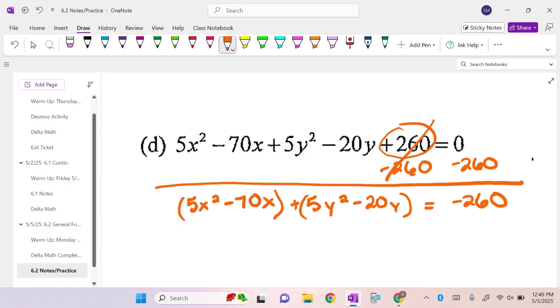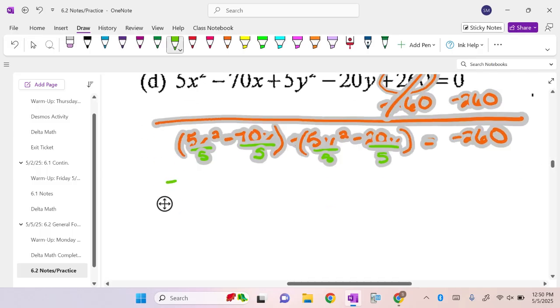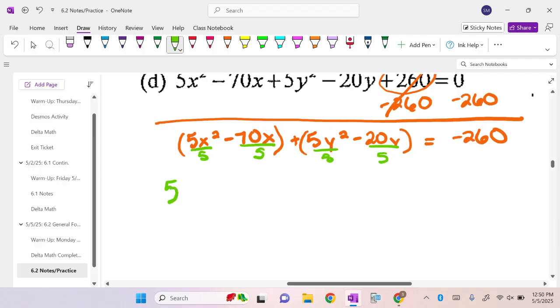What number do you think I'm going to divide out? 5 from both. So I'm going to divide both of these by 5 and both of these by 5. Now, we keep the 5 on the outside.